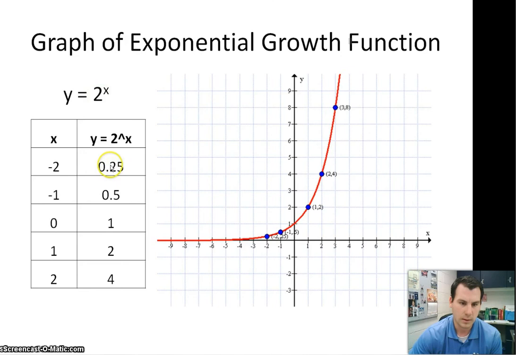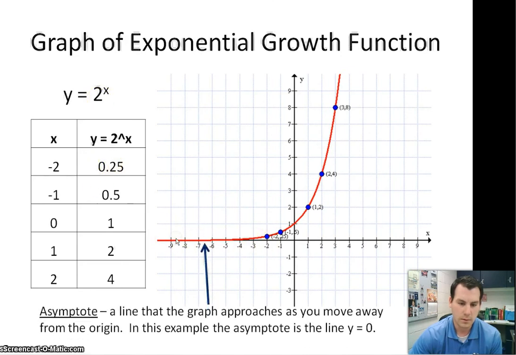It'll always be some tiny amount. It'll never go negative. So this line we call an asymptote. It's a line that the graph approaches as you move away from the origin, but it's never going to cross it and never going to reach it. Never going to touch this line that's y equals 0 right here. So it's going to get very close, but never touch it.